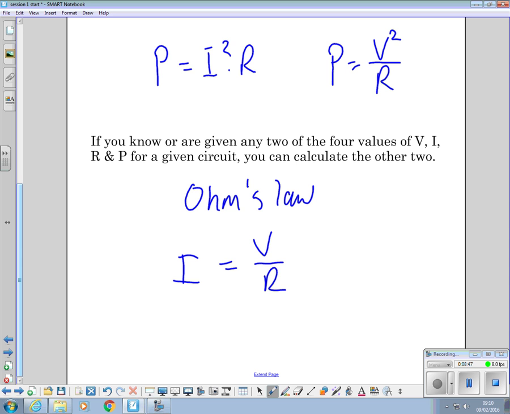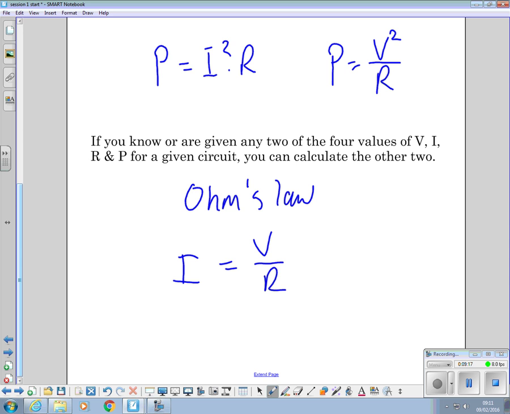If we know those four formulae, and they are the four most basic formulae in electrical engineering, they follow through all levels of your learning on this course, right up to level 6. It gets more complicated as the circuits and components get more complicated, but it's still Ohm's law and the three power formulas.